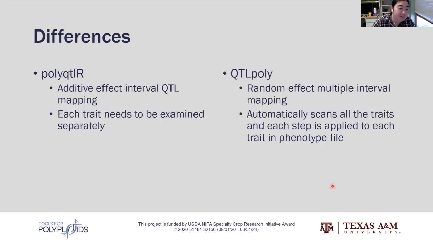So some key differences for the two platforms are that polyqtlR uses an additive effect interval QTL mapping method, and each trait needs to be examined separately.